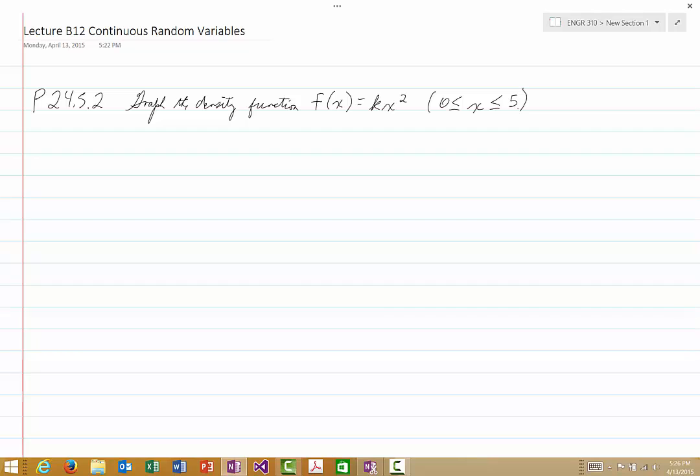And again, as reminiscent of the first problem, it says k suitable. And the distribution function.